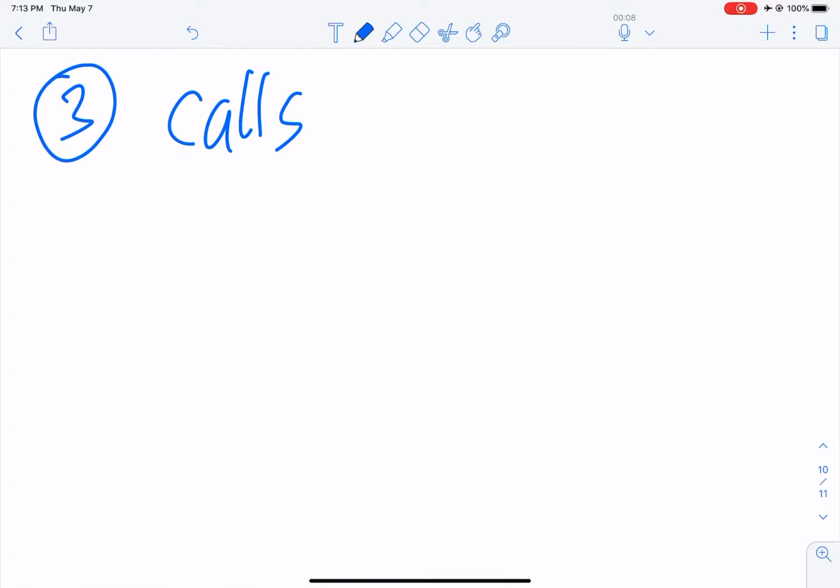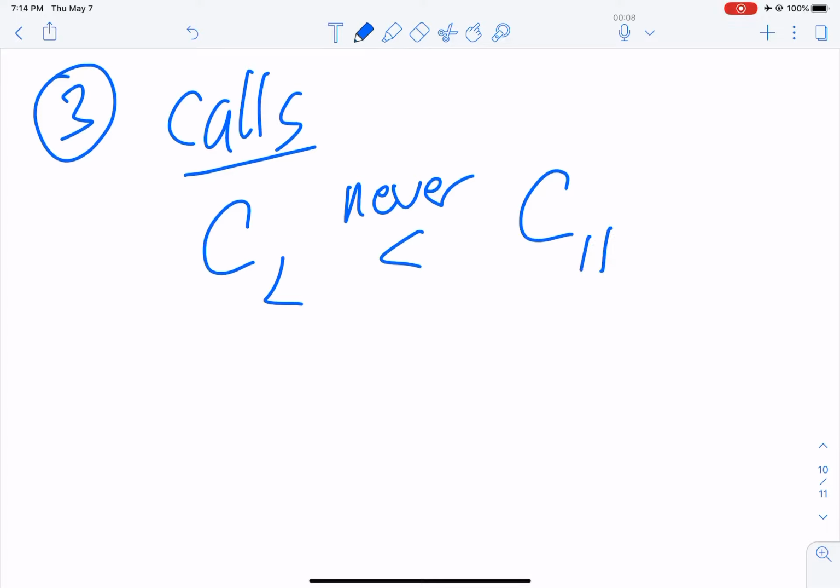From the perspective of calls, it is necessary that our option pricing model be such that the market price of a lower strike call is never less than the market price of a higher strike call. That can never be the case.